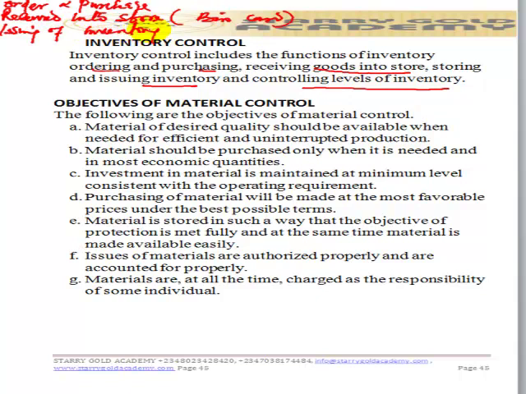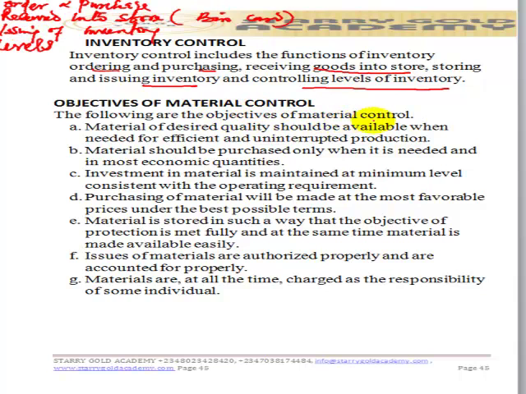This will allow them to manage their cost of production and determine the cost of materials issued to production. As well, they have to control the levels of inventory so that they will not run out of stock, nor have more than a particular store or warehouse can accommodate. So inventory control is one very important aspect of material costing.